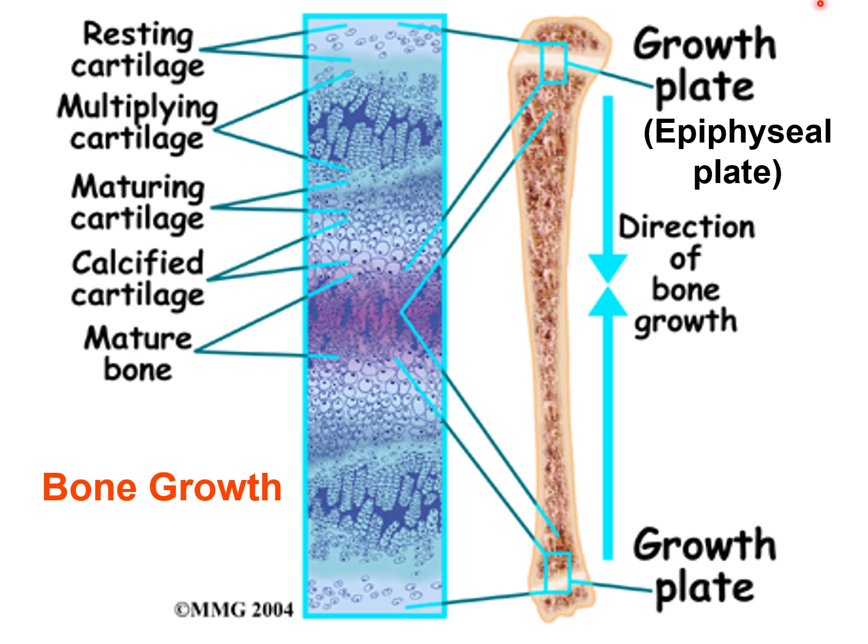There's some cartilage there, and growth hormone will stimulate those cartilage cells to divide, and then those new cartilage cells will move towards the middle of the bone, and they will then turn into bone cells. They'll mineralize, and that's the direction of the bone growth. So it's kind of the opposite of what you think the way the bone would grow. Your bone actually grows towards the middle of the bone.